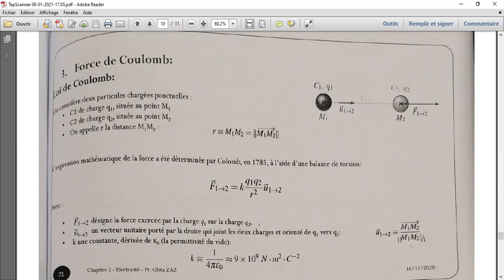So if it's from charge 2 to charge 1, your direction here will be 2 to 1. I don't know if you are getting me.